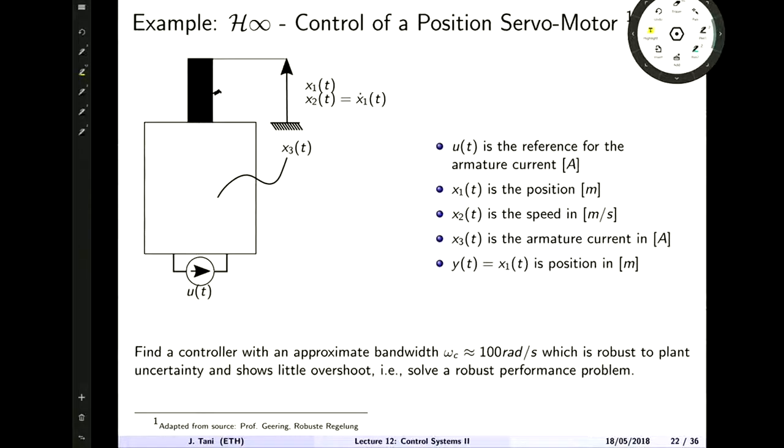So it's the current flowing through the coils inside the servo. We measure the position, and we can control the armature current with a reference U, okay? We want to have an approximate bandwidth of 100 radian per second, and we want to have a robust design, okay?